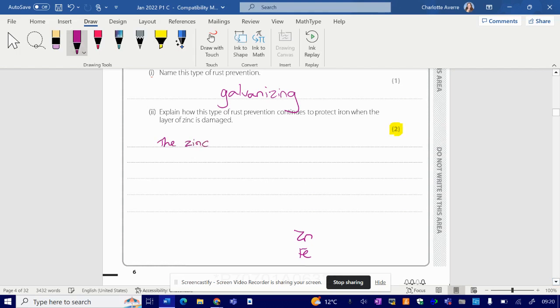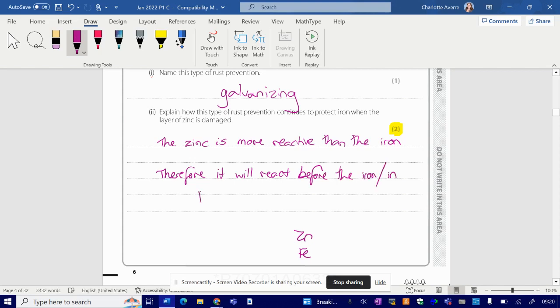I'm going to get 1 mark for explaining that the zinc is more reactive than the iron. And the second mark will be for explaining what that means. So therefore, it will react before the iron, or in preference to the iron. That should be enough to get me 2 marks there.